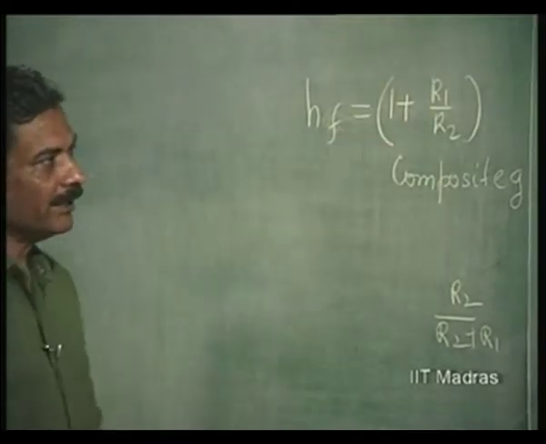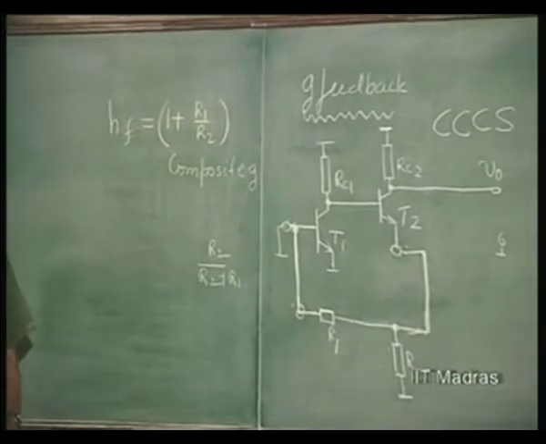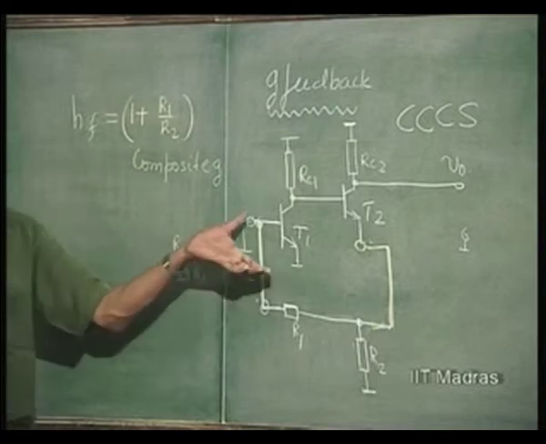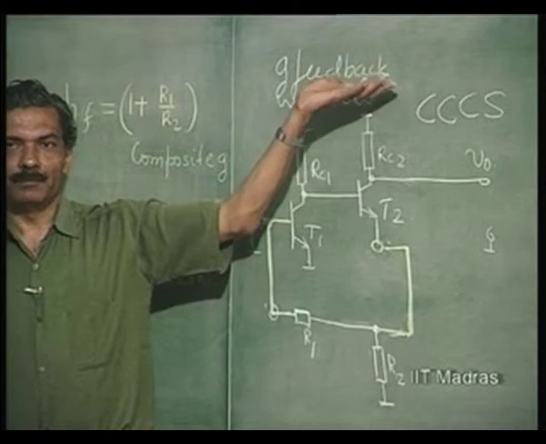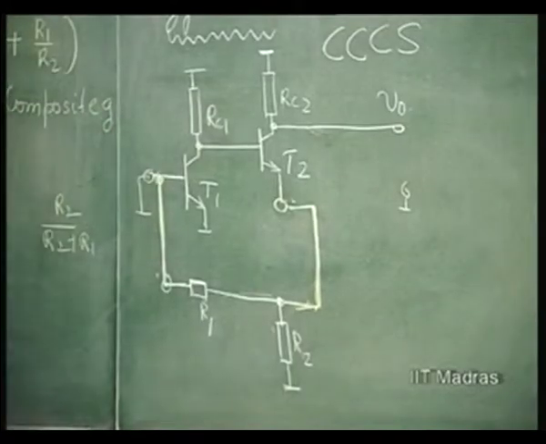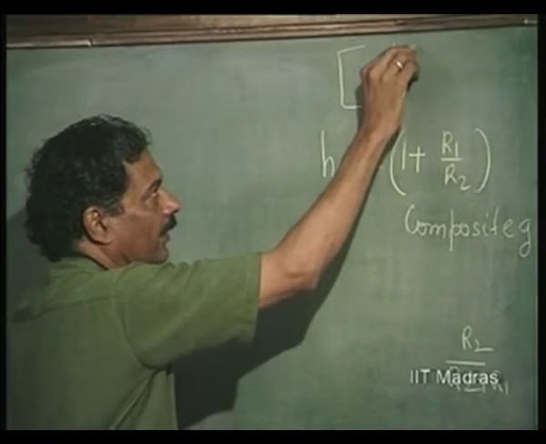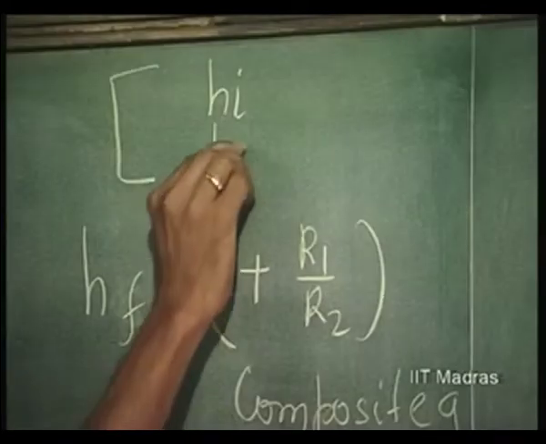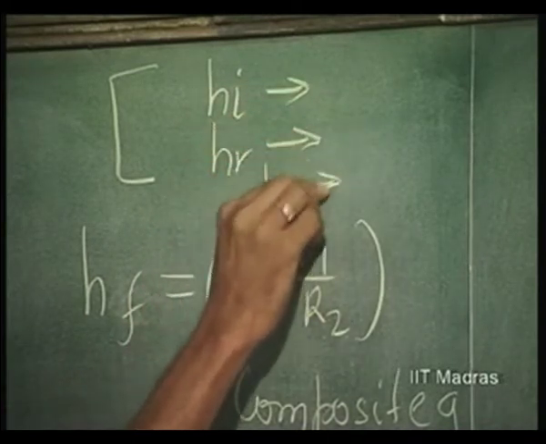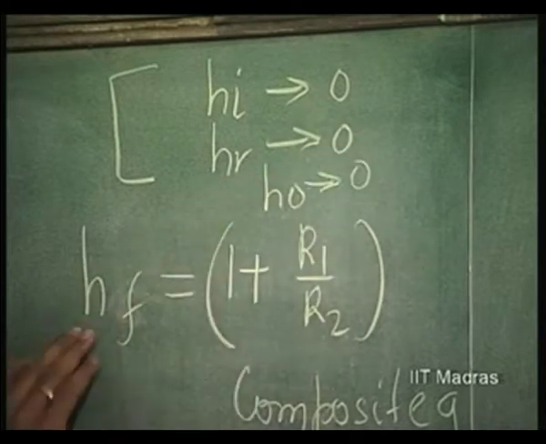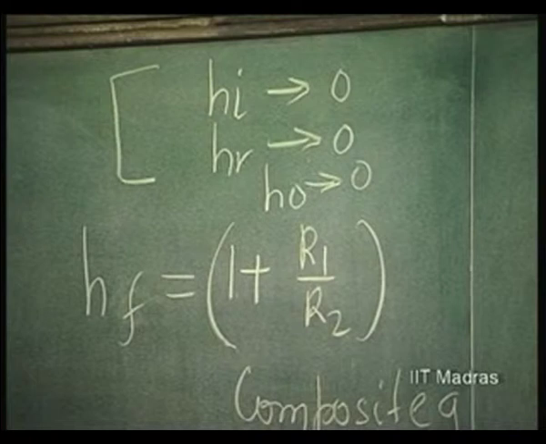That will be the current gain from here to here. And what happens to the input impedance? It comes down. Output impedance should go up. Or in the H parameters, HI, HR and HO, all these three things should go towards 0. Only HF should get stabilized at a value of 1 plus R1 over R2.